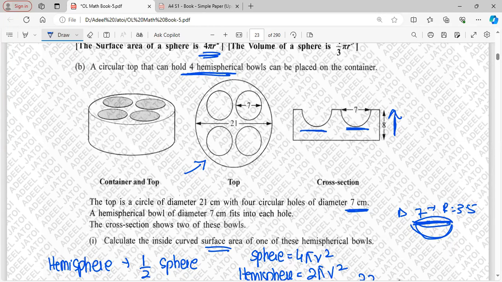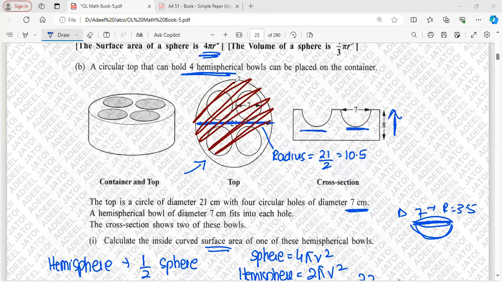Can we see 21 here? So your radius will be 21 upon 2, which is 10.5. And when we work upon the entire thing here, it will cover up the total circle.